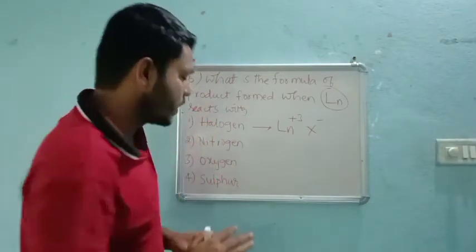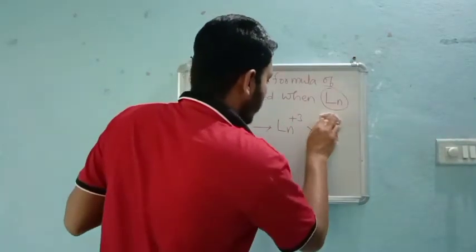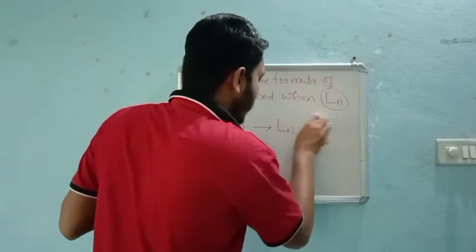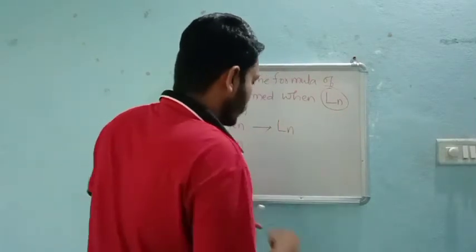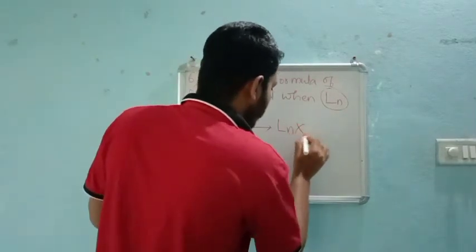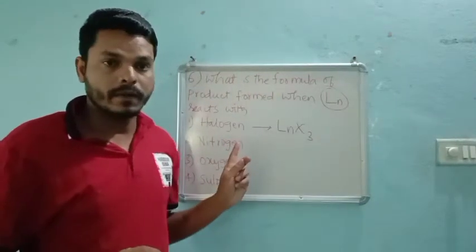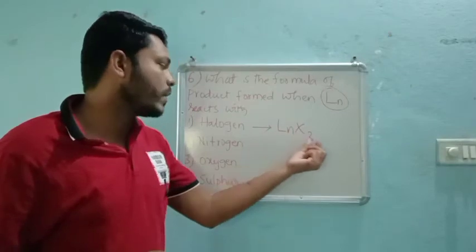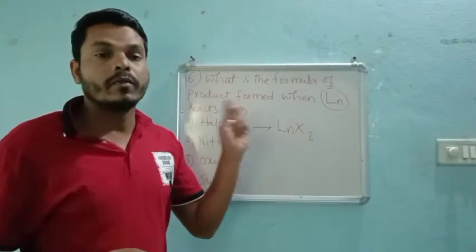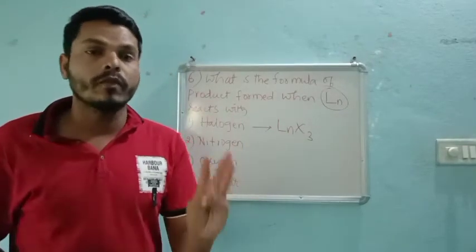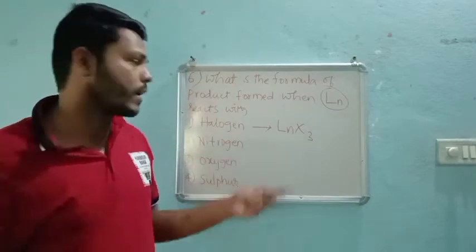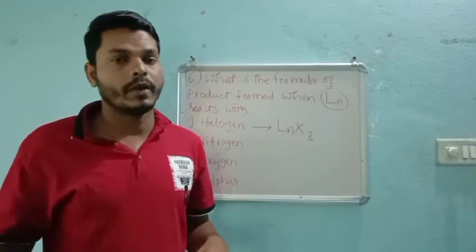So one lanthanoid reacting with X requires 3 X. This is the formula of the product, right? Whenever lanthanide reacts with a halogen, we definitely require 3 moles of halogen. Any halogen you can take: fluorine, chlorine, bromine, iodine, right?